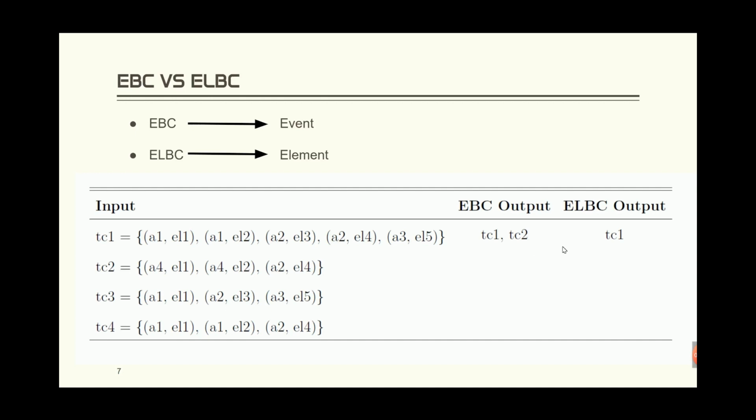In case of applying ELBC, test case 2 and test case 4 are both redundant and a subset of test case 1. Additionally, test case 3 has the same elements as test case 1: EL1, EL2, and EL5.